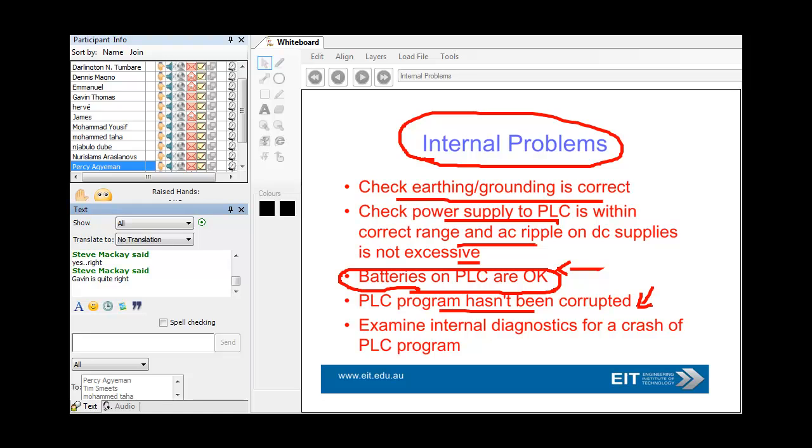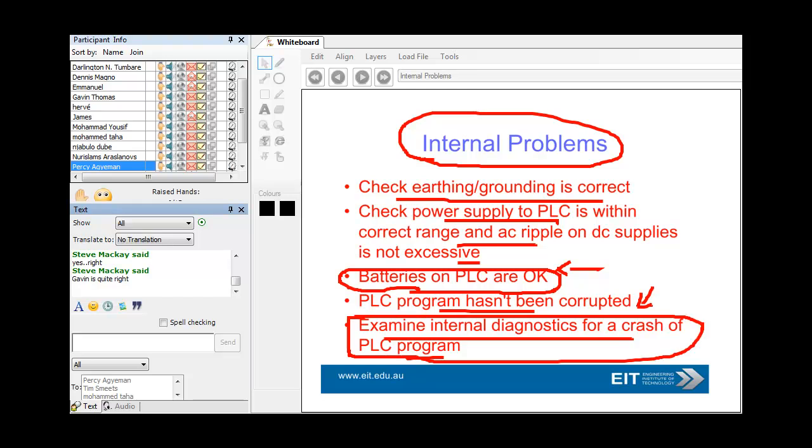The spike went through and it corrupted the CPU. Again, very unusual. And you'll find most PLCs you can actually look at internal diagnostics. I honestly say that I often find that people don't use the internal diagnostics of the PLC enough to actually identify problems. It's probably because in most cases internal diagnostics are very difficult to get your finger on exactly what the problem is or how to use them.